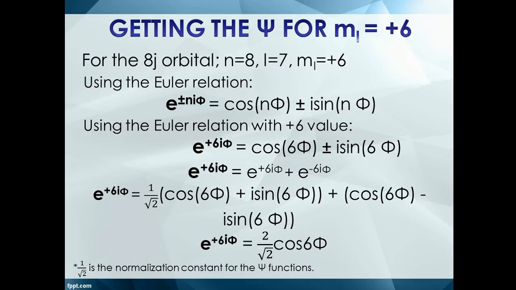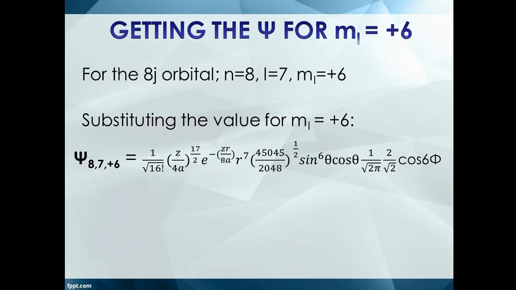So e raised to positive 6iφ is equal to 1 over square root of 2 times (cosine 6φ plus i sine 6φ plus cosine 6φ minus i sine 6φ). The i sine 6φ will be cancelled out, and what is left is 2 cosine 6φ. Multiplying it by 1 over square root of 2, we get the e raised to plus 6iφ value to be 2 over square root of 2 times cosine 6φ.